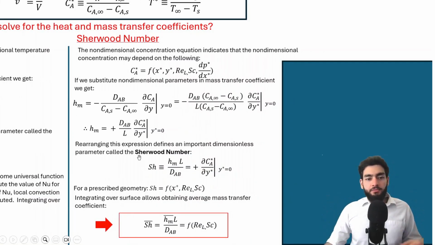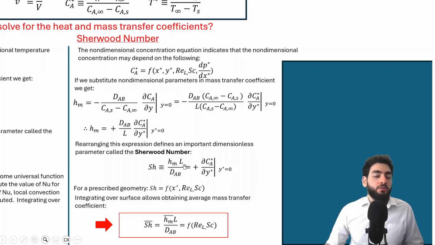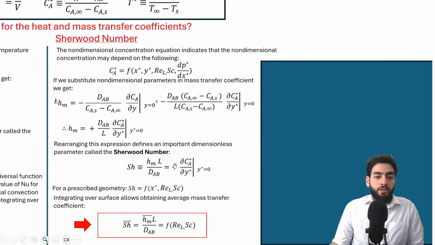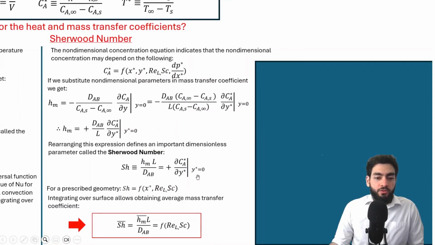Again, we're going to do the same thing. If we rearrange this expression, it defines an important dimensionless parameter, the Sherwood number. The Sherwood number is the mass transfer coefficient multiplied by the characteristic length divided by the diffusion coefficient, and that equals the non-dimensional concentration gradient with respect to the vertical axis evaluated at the surface.